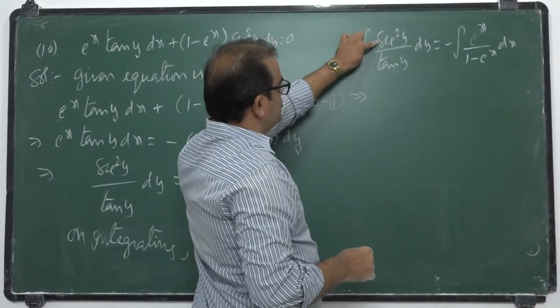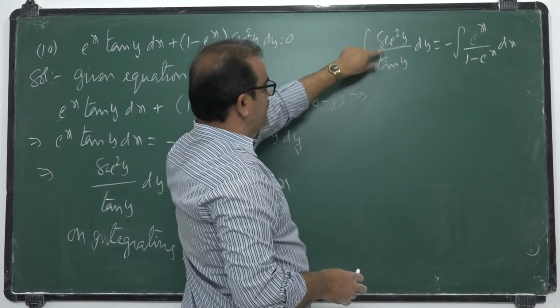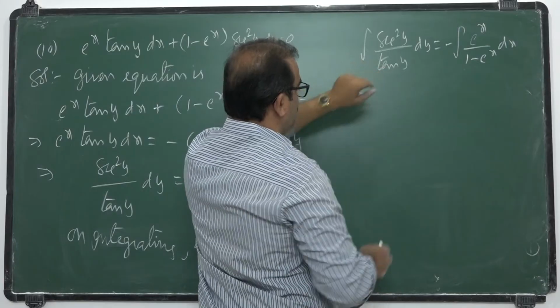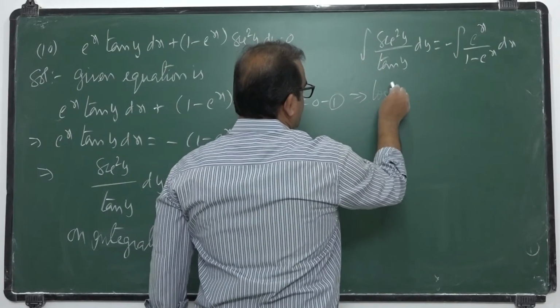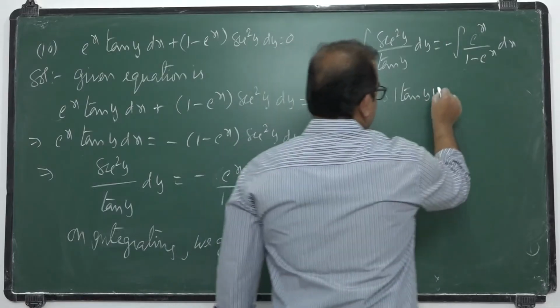Clearly secant square y is the derivative of tan y. If the numerator is the derivative of the denominator, the integral value is log of that denominator. Log of tan y is equal to.